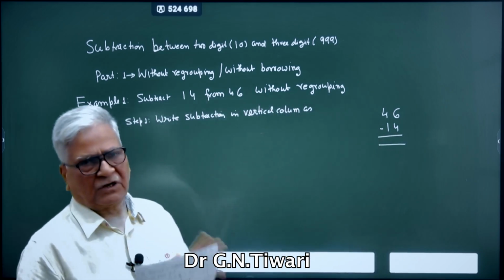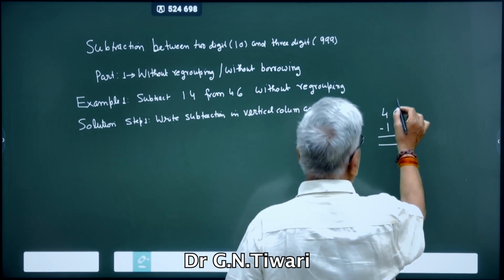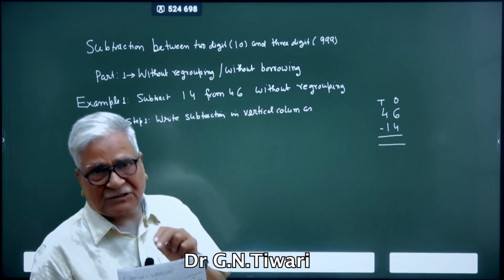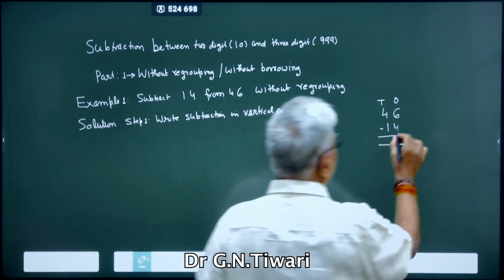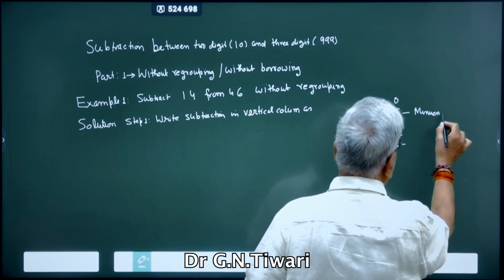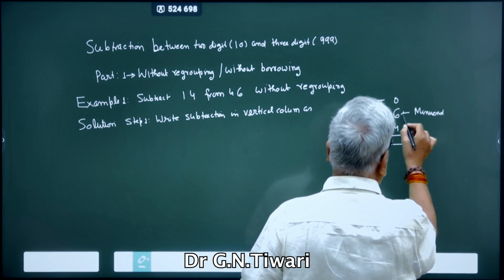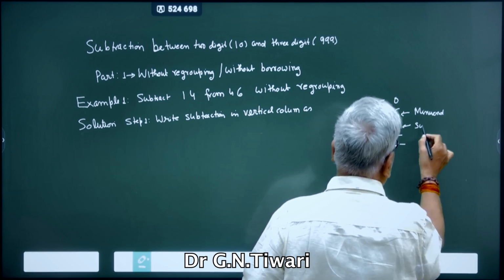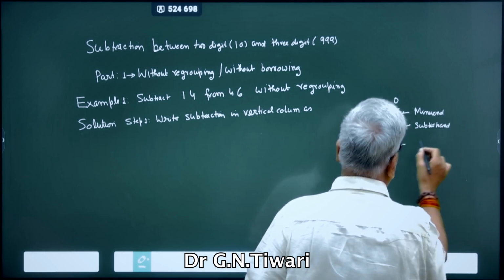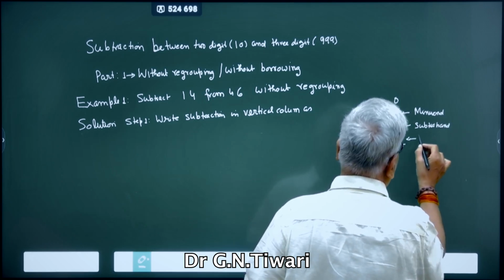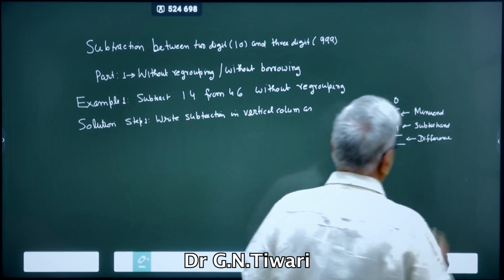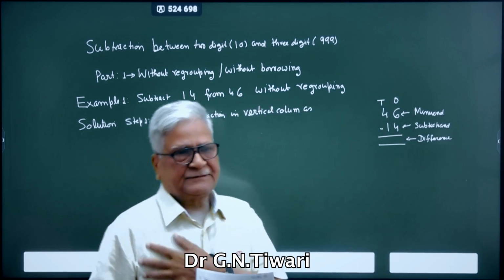That is called the vertical column. And here it is easy to write ones and tens. And ask the students always to write minuend and subtrahend, and here difference. This is very, very important.